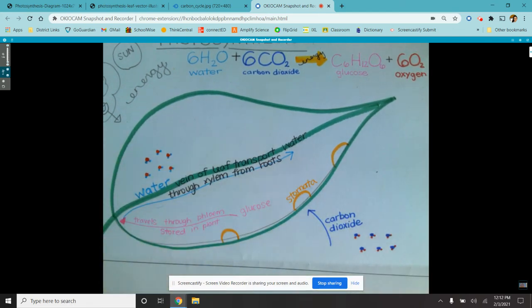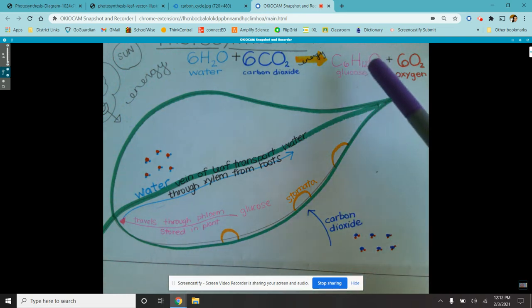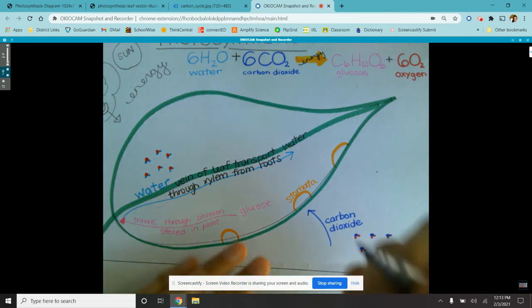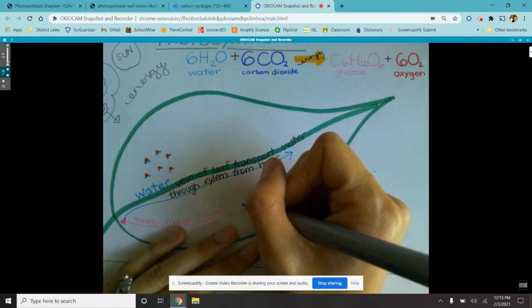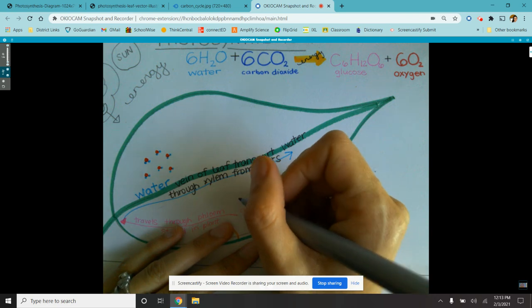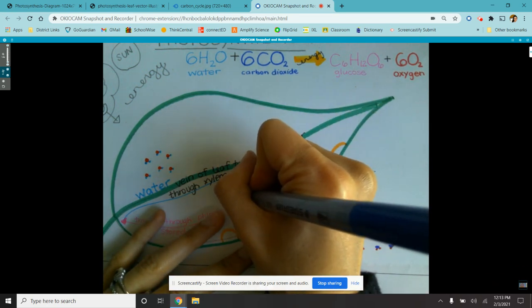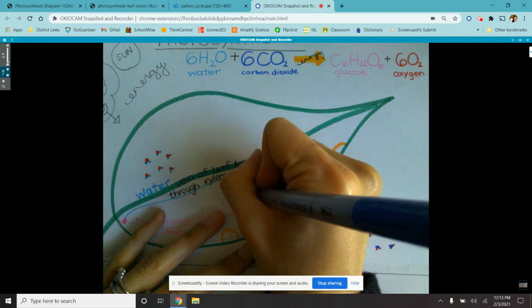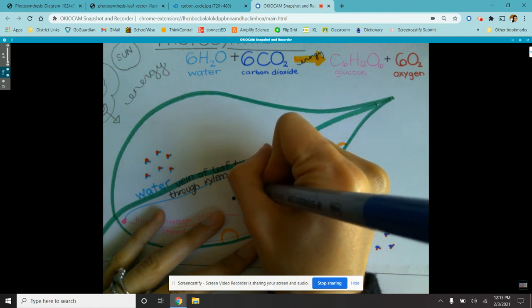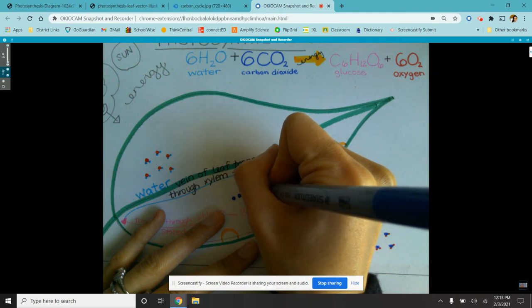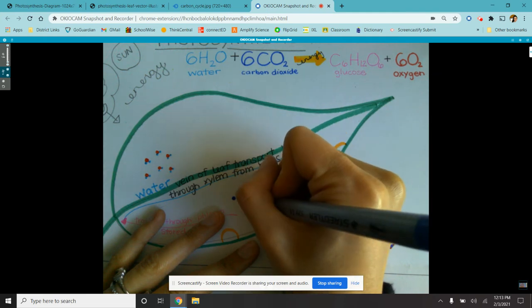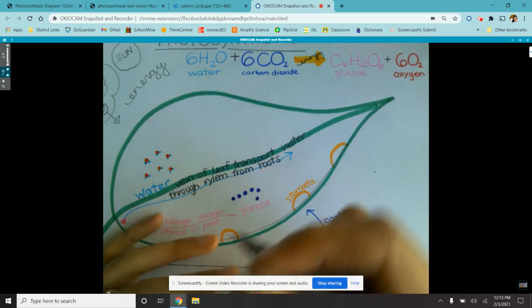All right, glucose. So we're going to draw our glucose. So we have 6 carbon. So I'm going to get my blue for my carbon, and we're going to draw a glucose chain. 1, 2, 3, 4, 5, 6.